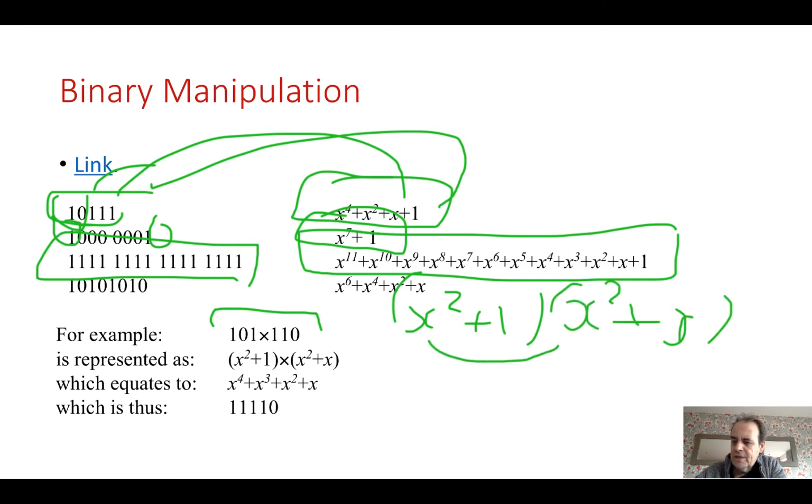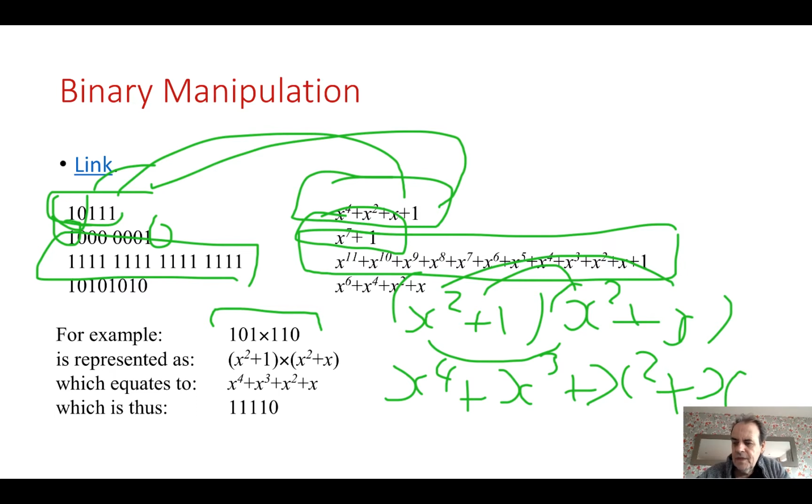That gives us x to the 4 plus x to the 3 plus x to the 2 plus x. If we represent that back in binary again, that's 1, 1, 1, 1, and we have no 1s there, 0. So that becomes that.